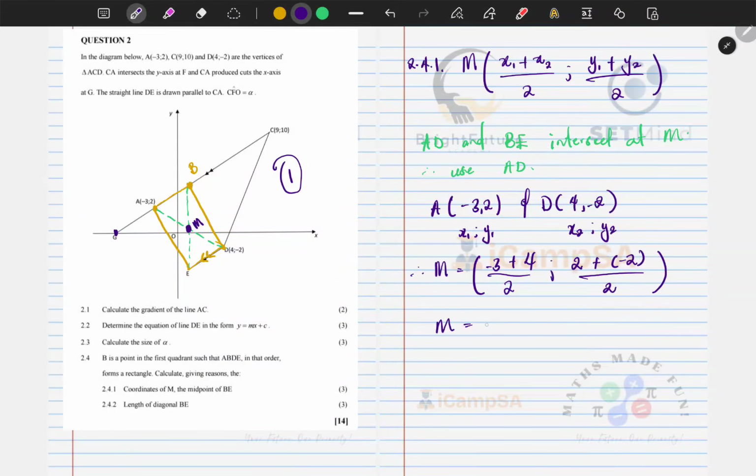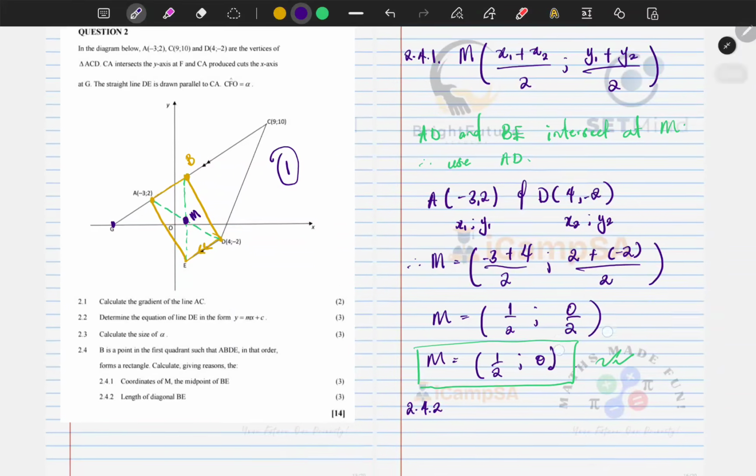So now you are going to have -3 plus 4, it's going to be 1, all over 2, and 2 minus 2 is going to be 0 over 2. So therefore this is going to be just 1 over 2 paired with 0, so that's going to be your midpoint.